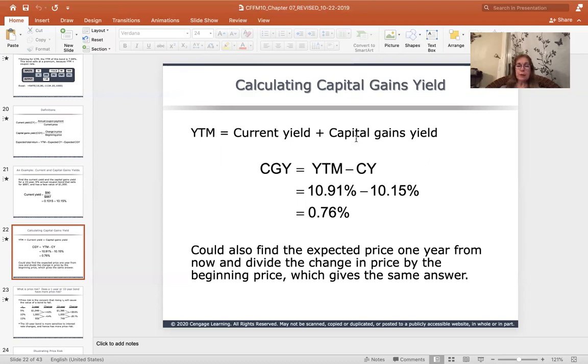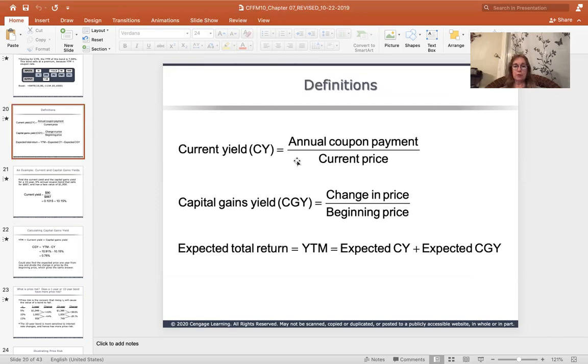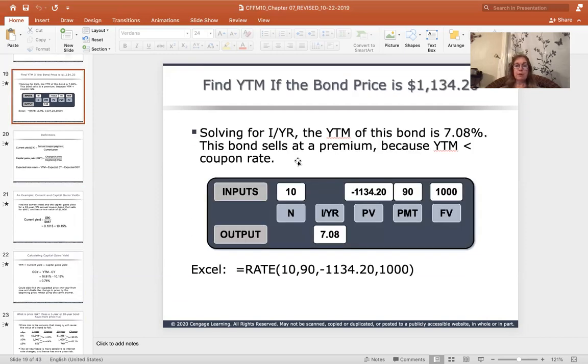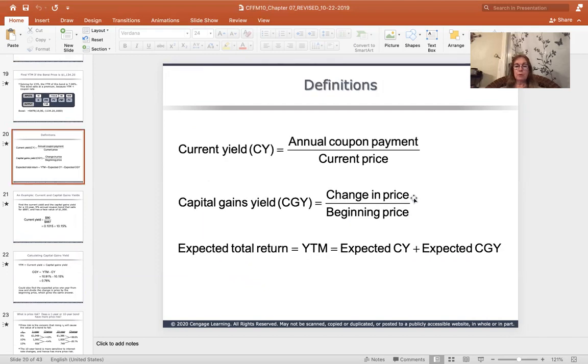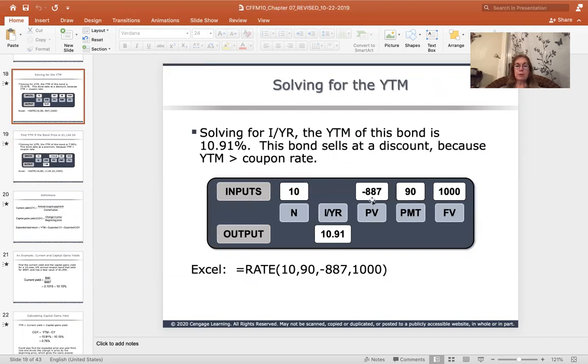So what does this mean? Remember these numbers: 10.91, 10.15, and 0.76. I'm going to go back and explain that to you. We paid $887 for this bond, but we're getting $1,000 at the end, right?